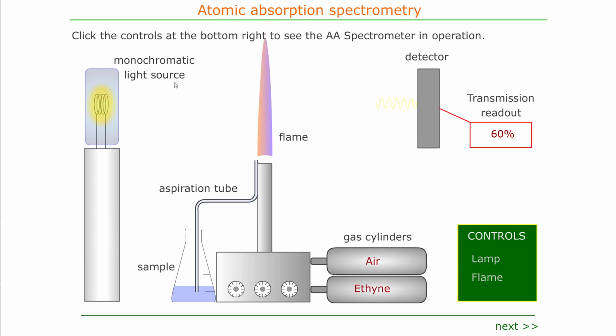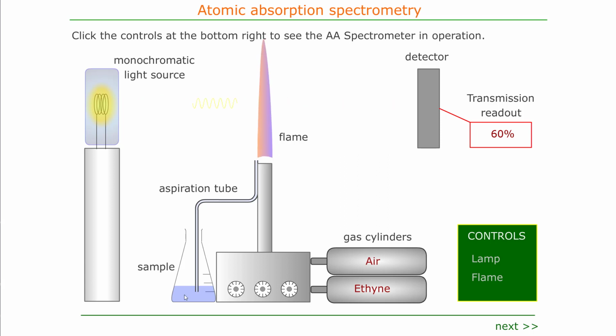What we try to do is make sure that the element that is being excited in the monochromatic source is the same as the element that is being analysed. That way, a proportion of that light will be removed by the element, and then it can be detected. The part that's missing, if you like, is being detected. So in this case, 40% has been removed.